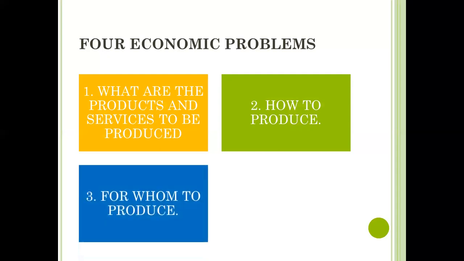Another question that needs to be addressed is for whom to produce. These are the type of people who will demand or need the product, basically the target market, as it is used in economic terms. Who would accept the product from the market?